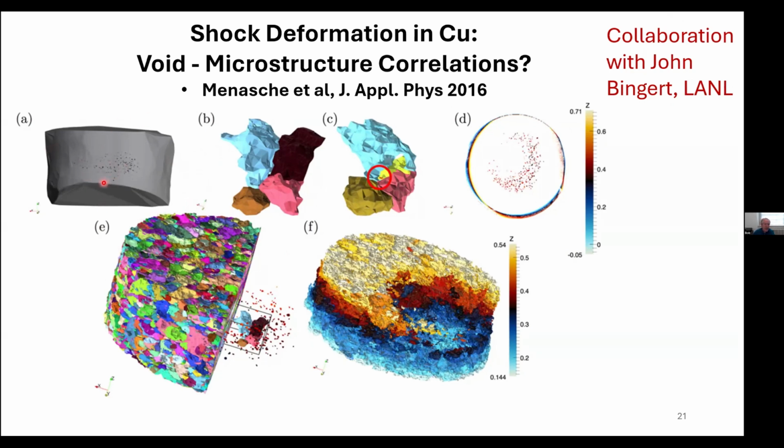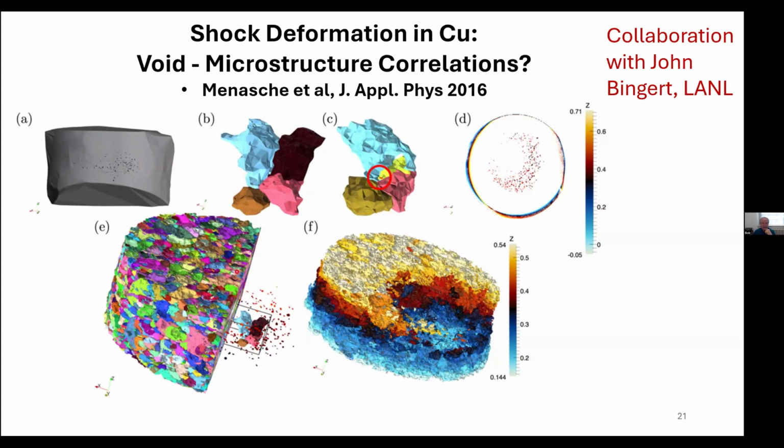This is a tomographic image of the sample, and these little black dots actually correspond to voids within the volume of the sample. And so the goal here was to try to associate damage resulting from the shock to microstructural features.